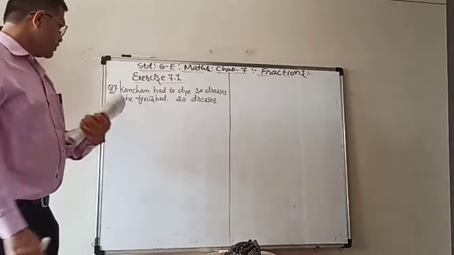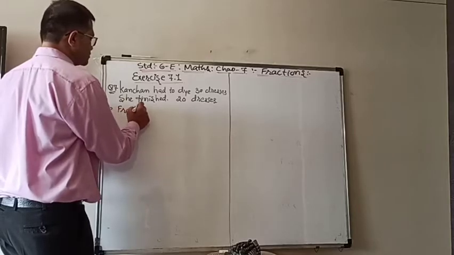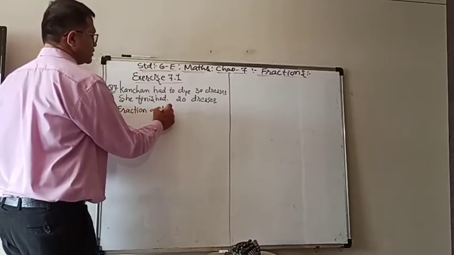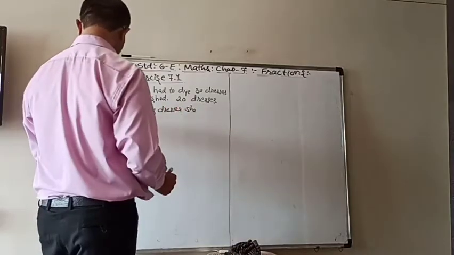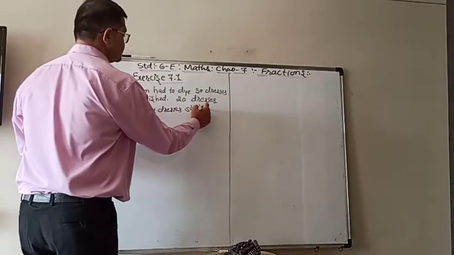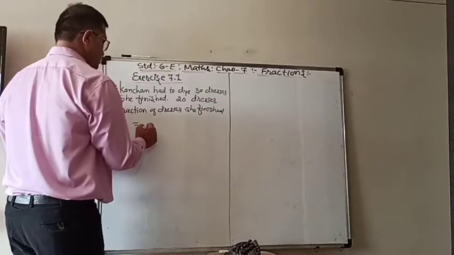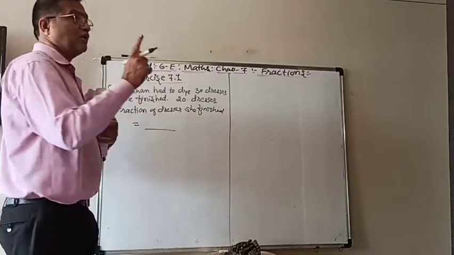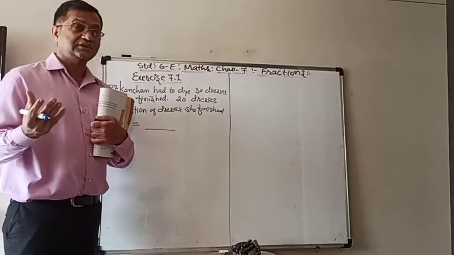So now the fraction of dresses she finished is equal to, so first we will write down whatever the total number. How many total dresses? 30.